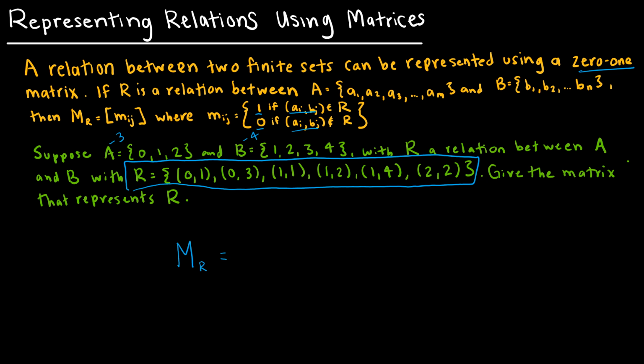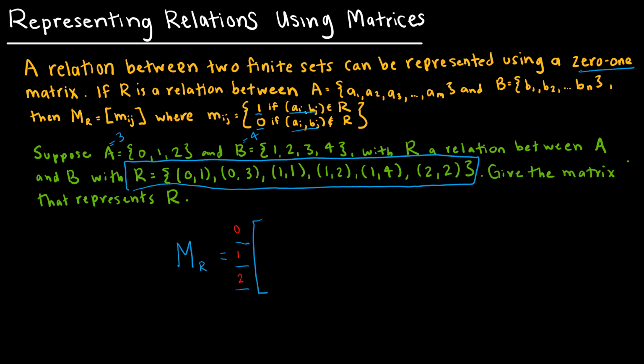And I want to know, first of all, how big should this matrix be? Well, if A is 3 and B is 4, that means I'm going to have a 3 by 4 matrix. It's okay, and we're going to do that this time to make it easier on ourselves.